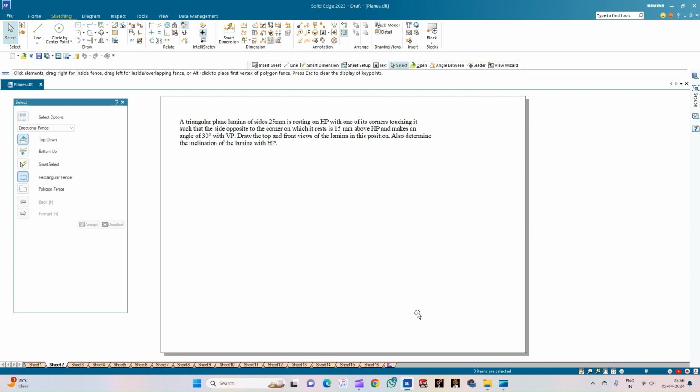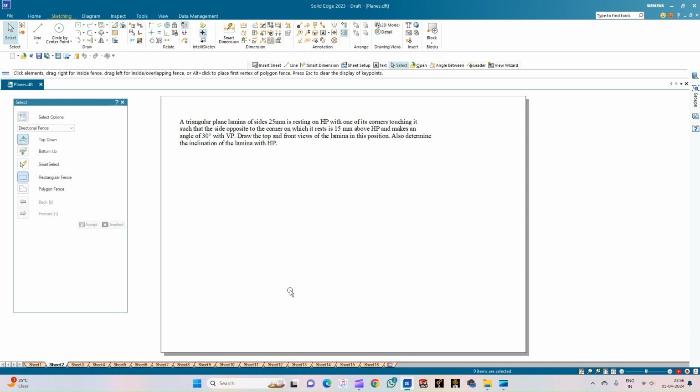So looking at the problem statement, we can understand that a triangular plane lamina has a side length equal to 25 mm. So we'll assume that to be an equilateral triangular lamina, and it is resting on HP on one of its corners. He also tells that the side opposite to that corner is 15 mm above HP.